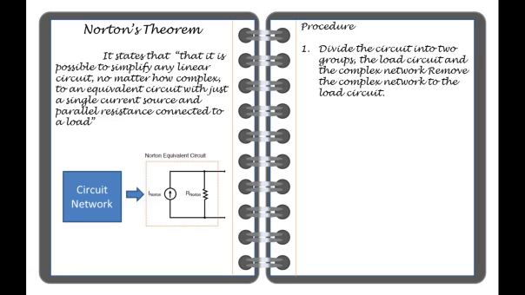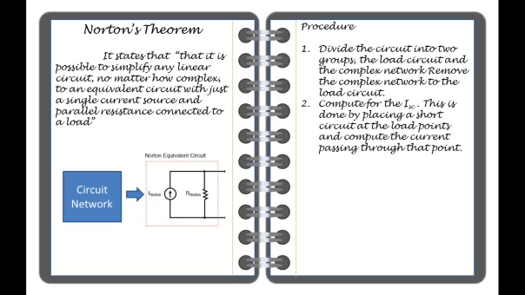After removing the complex network, we're going to compute the current ISC, or the short circuit current. This short circuit current is the so-called Norton's current, the value of the source current in the Norton's equivalent circuit.